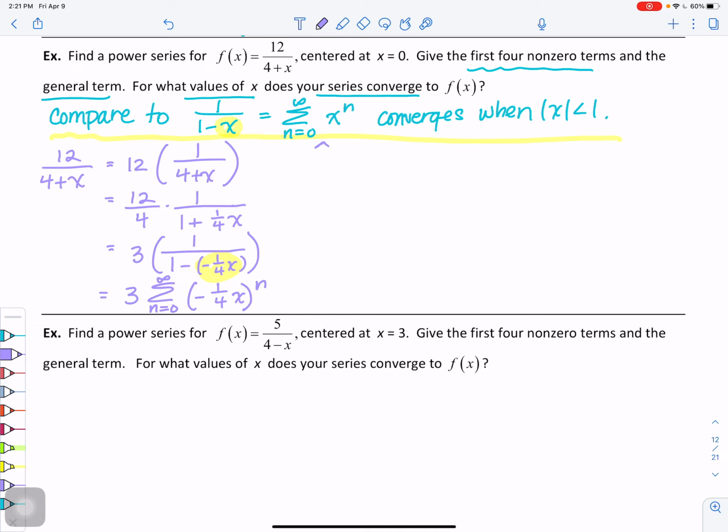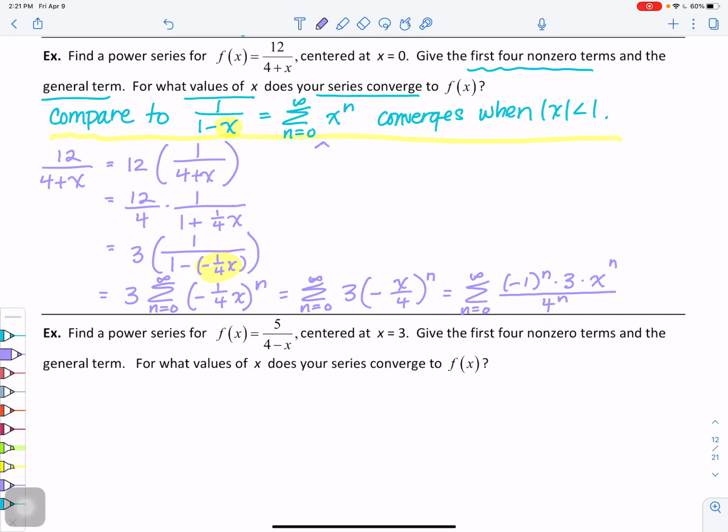And then let's just write it a little bit more like the forms that we see. So that's equal to the sum n equals 0 to infinity. And we'll bring that 3 in. And then we have a negative x over 4 to the n. Now we're getting there. We want to get that negative 1 to a power out of there. So we have negative 1 to the n times 3 times x to the n all over 4 to the n.